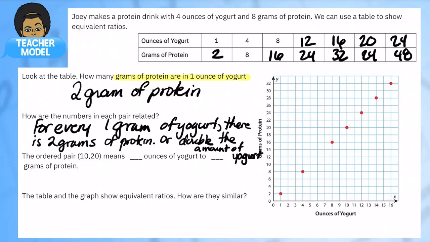What does 10-20 mean? Well, 10 just means there are 10 yogurts for every 20 proteins. Nice and easy. And looking at our equivalent ratios, how are they similar?